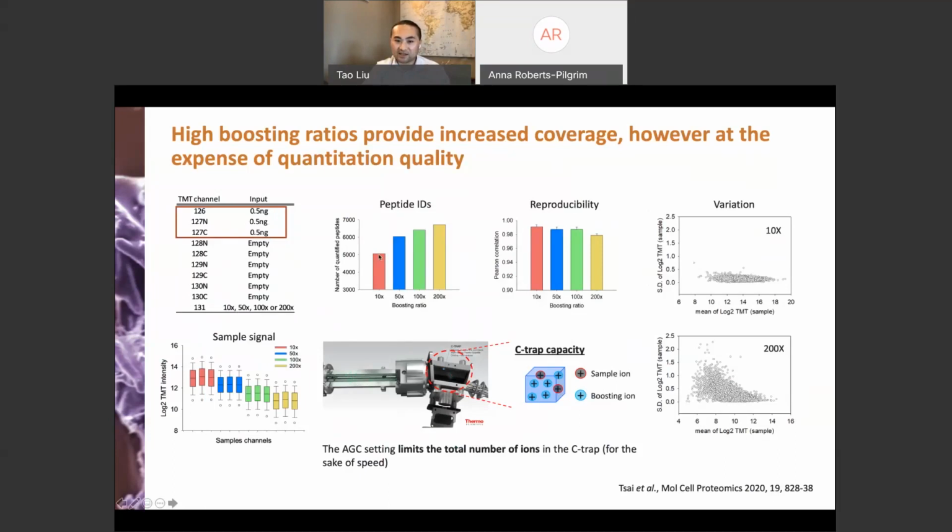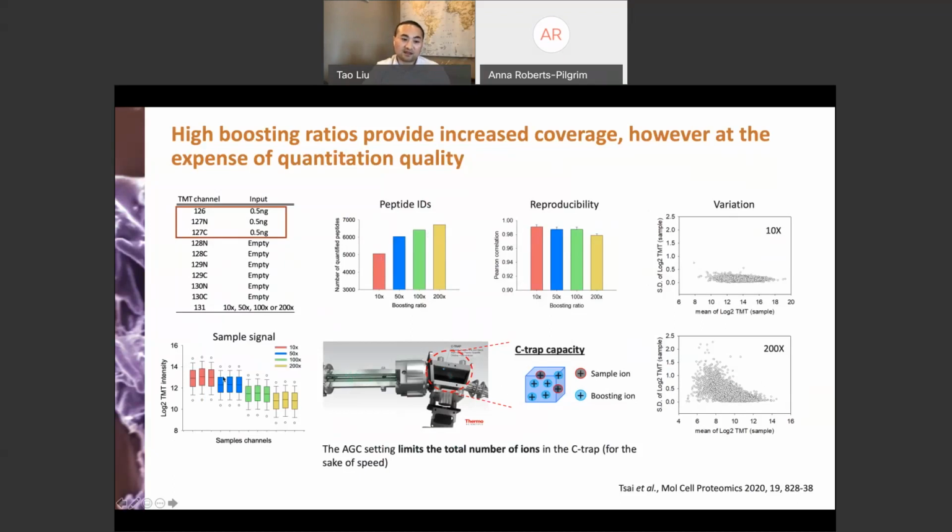As expected, the peptide level detection increases as you increase the boosting material. But the reproducibility, represented as the Pearson correlation across the 3 different replicas, is decreasing. And you can see in the CVs that as you go higher, the more deviation you have from one replica to another.